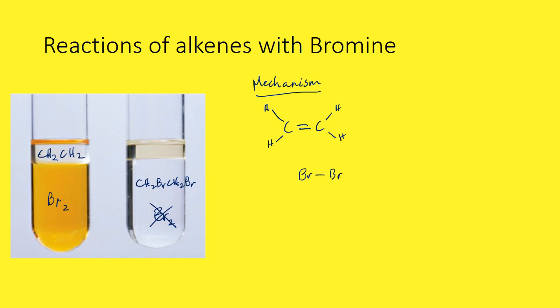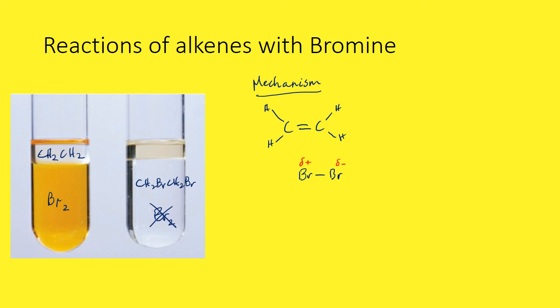Now, the first thing to notice, of course, is that bromine is not a polar molecule. But if by chance one of the bromine atoms in the molecule approaches the double bond, then the electrons in that bromine-bromine bond will move towards the bromine atom that's further away, which leaves the nearer one, let's make this the nearer bromine, partially positive temporarily.